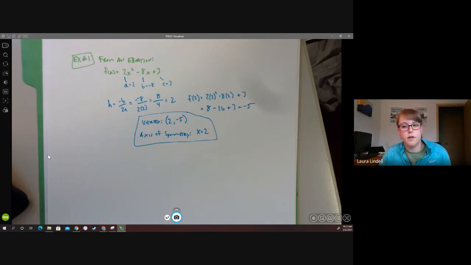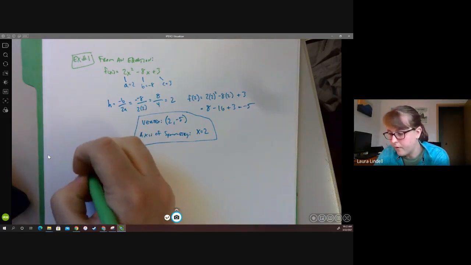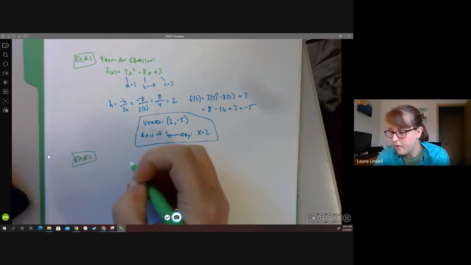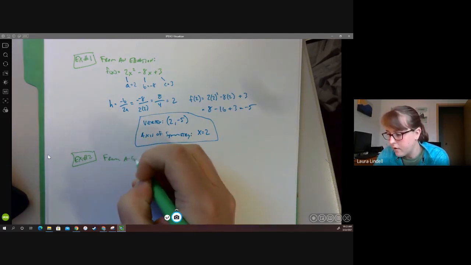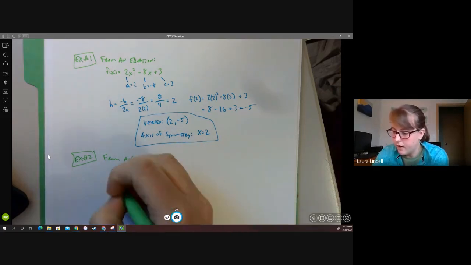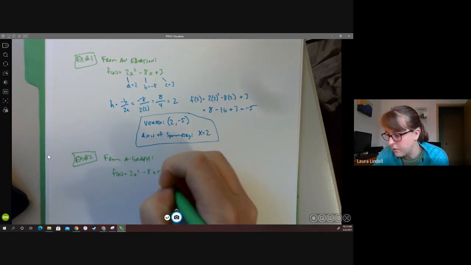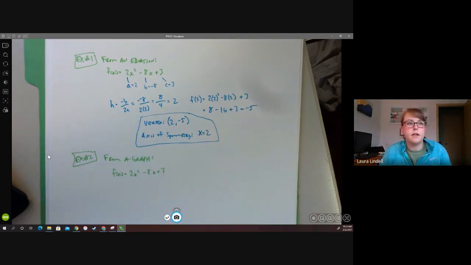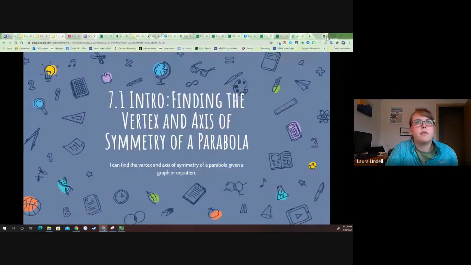Okay. The other way around it is from a graph. So we're going to take this same thing, f of x equals 2x squared minus 8x plus 3, and we're going to take a look at it on a graph. So we're going to go over and open up a window of Desmos.